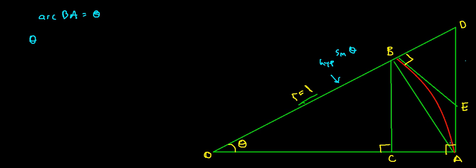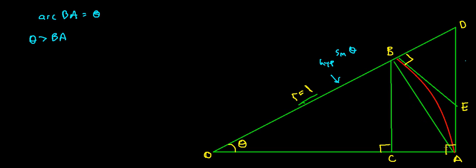This length theta is a curve. BA, these are all one point, by the way, it's just terribly drawn. BA is a straight line. The shortest path between two points is a straight line. So this, being a straight line, has to be shorter than the curve. So theta is greater than BA.